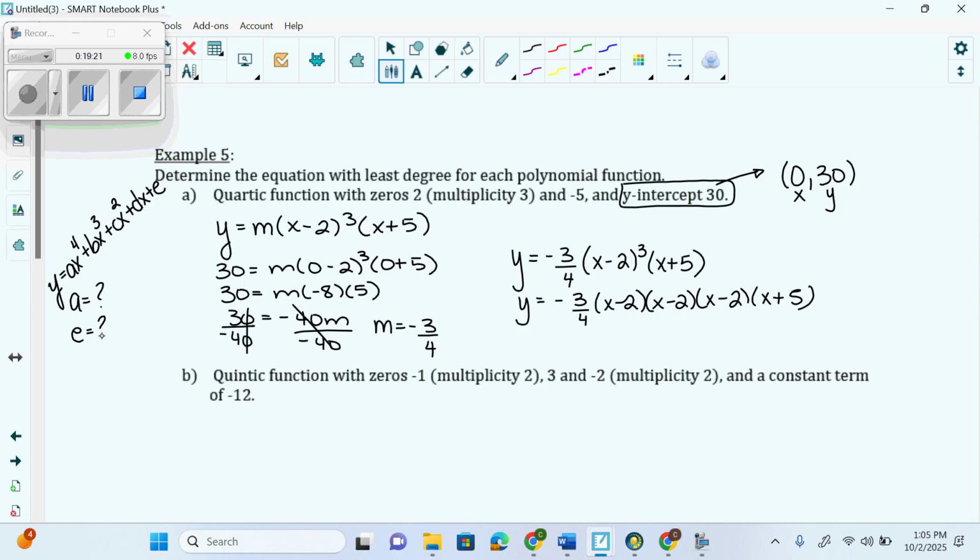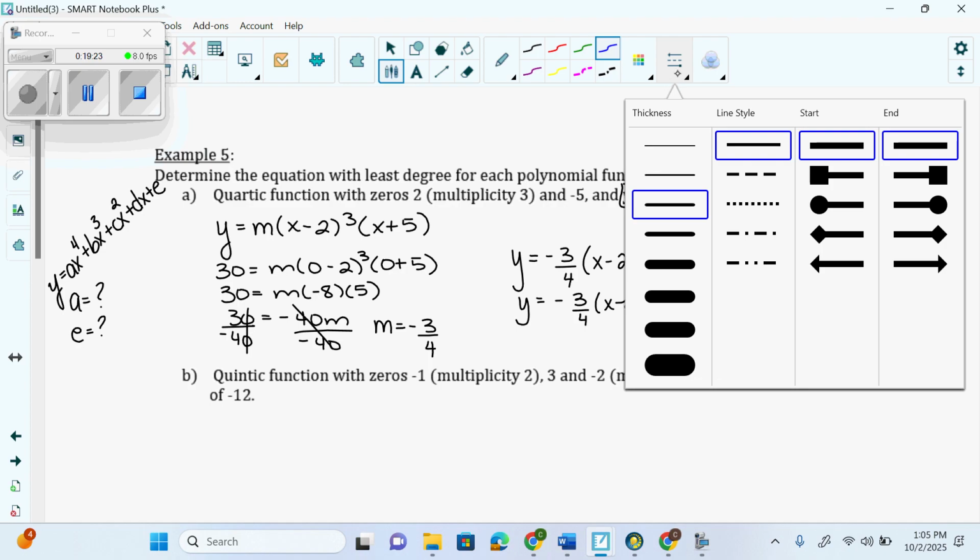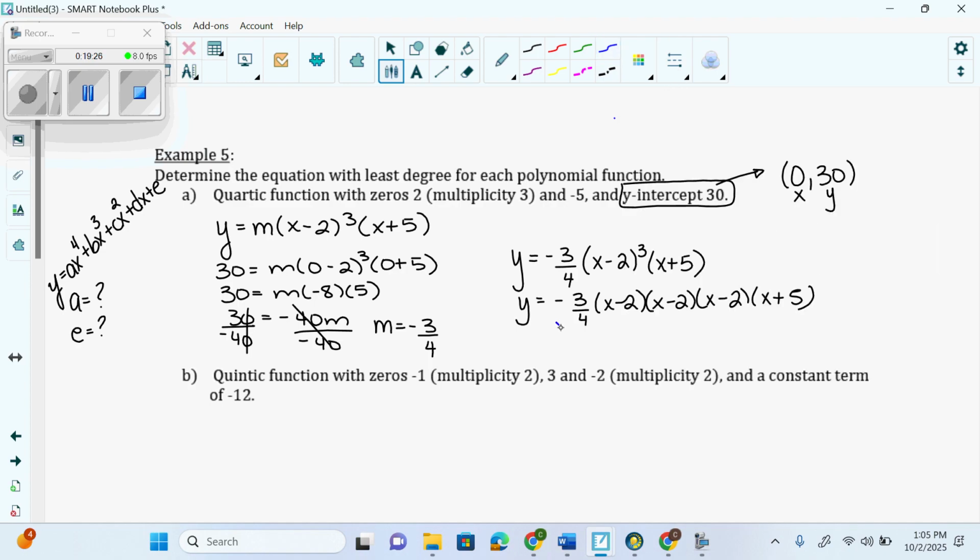But if they ask for the leading coefficient, I can just multiply the value I just found times each of the x's. So 1x, 1x, 1x, 1x, and my leading term is negative 3 over 4, x to the 4, correct?